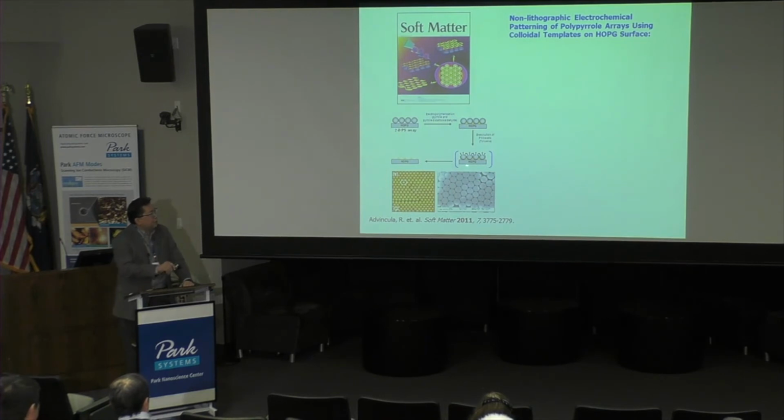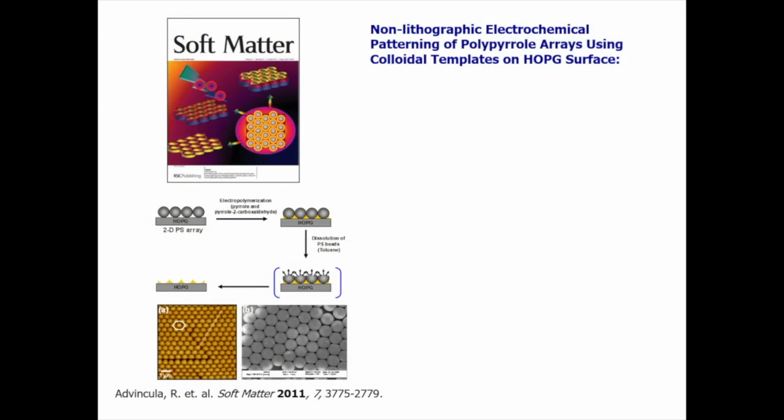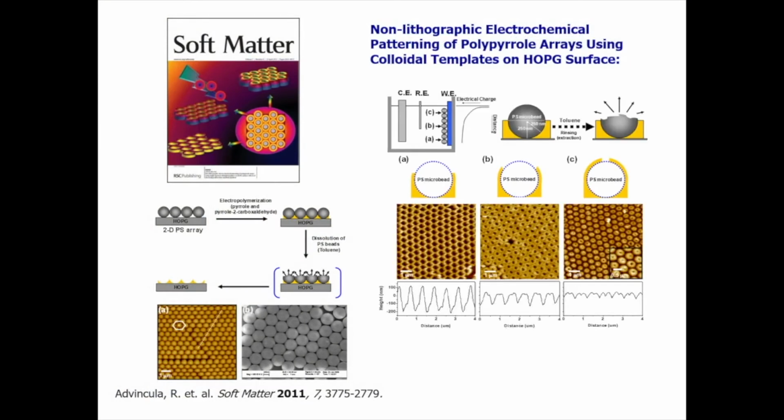After depositing the conducting polymer, we dissolve the particles with THF. The result is you'll get patterns like this. Depending on the current, the amount of material deposited, and the concentration, we played around with many variables. You can get a honeycomb structure, full dome, half dome.